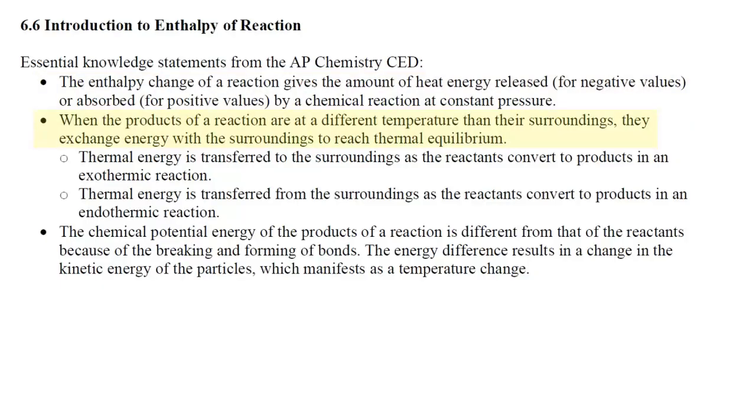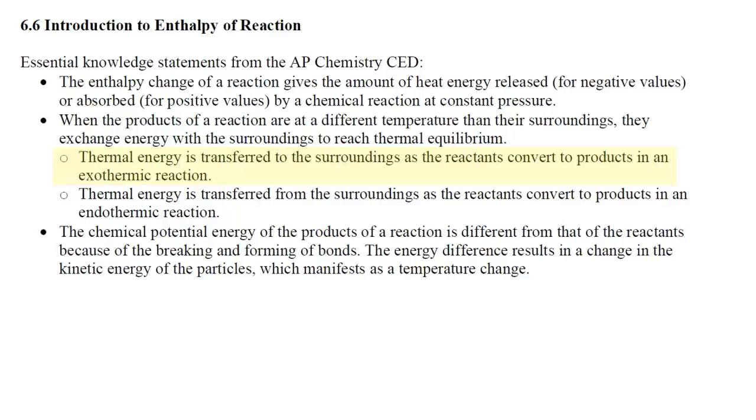When the products of a reaction are at a different temperature than their surroundings, they exchange energy with the surroundings to reach thermal equilibrium. Thermal energy is transferred to the surroundings as the reactants convert to products in an exothermic reaction.